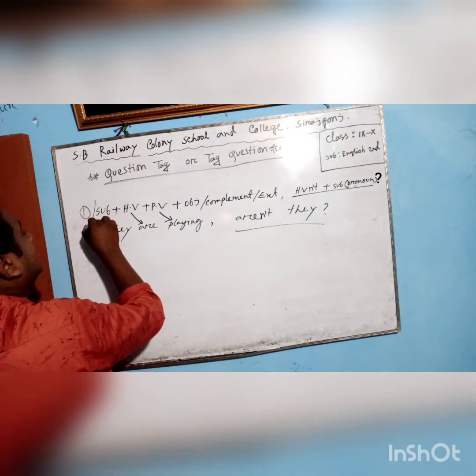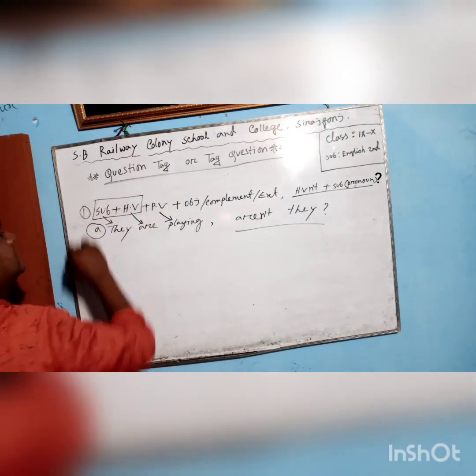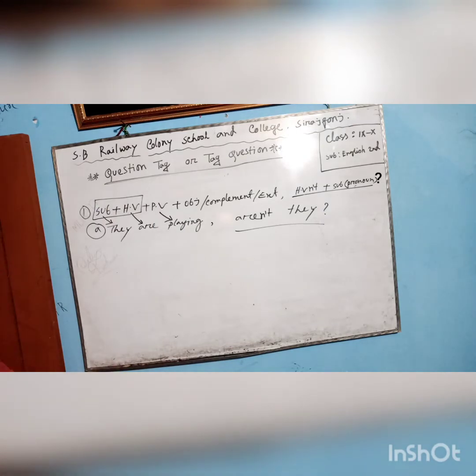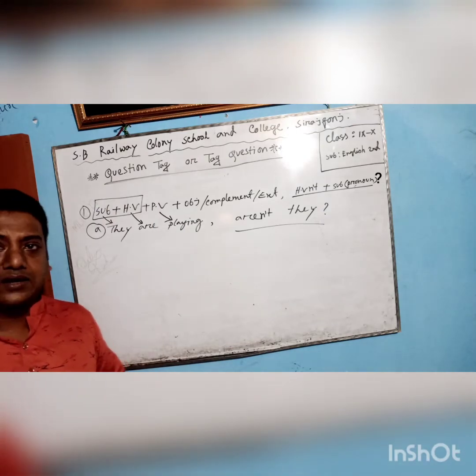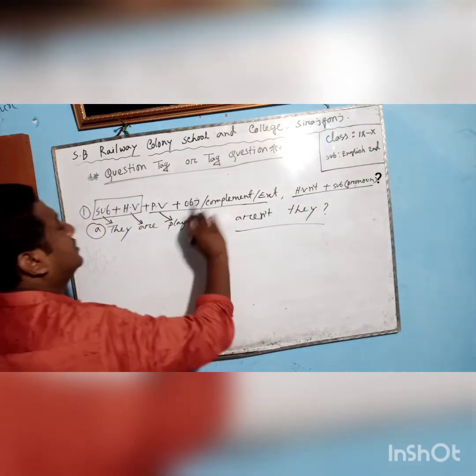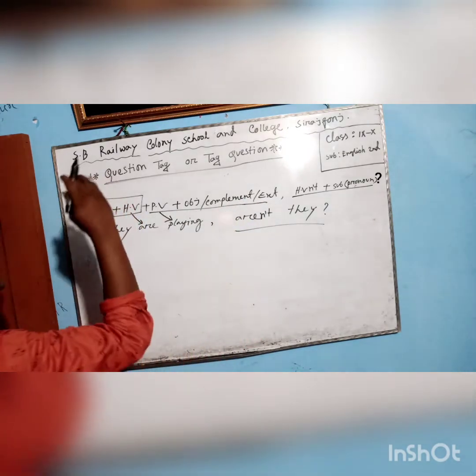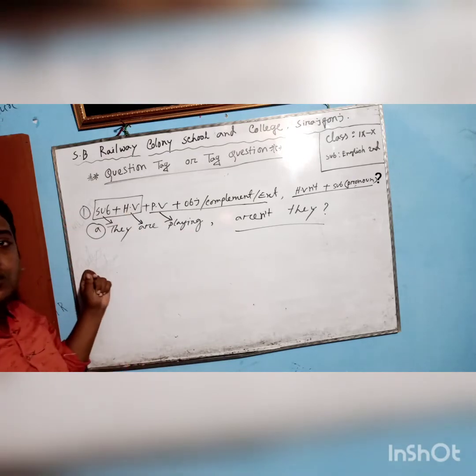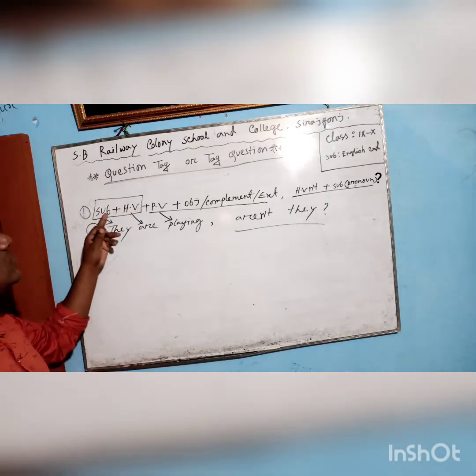So this part is very important for question tag. This part is not so important. This part is the most important, and we have to pay attention to this part.